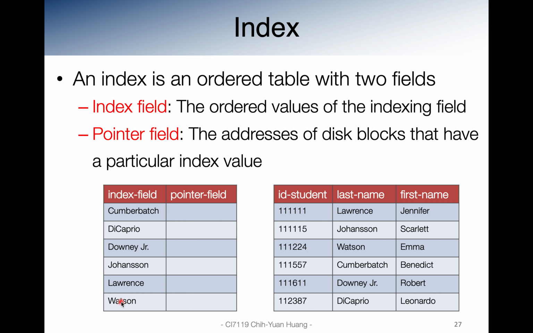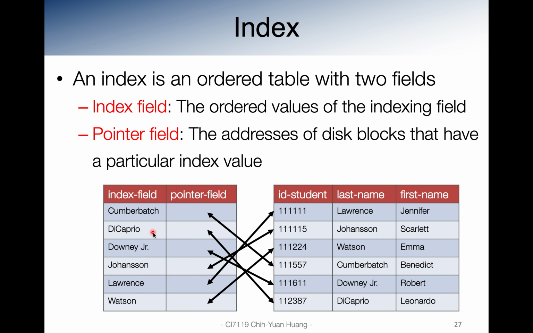And then the second field is called the pointer field, and this pointer field contains the address to the raw data containing the particular index value. So the pointer looks like this.